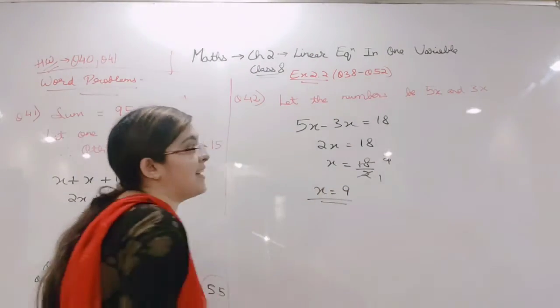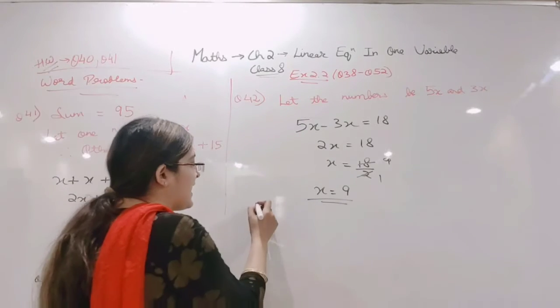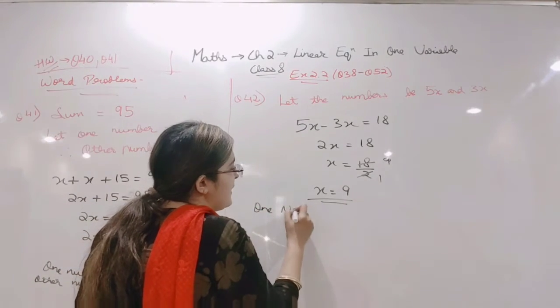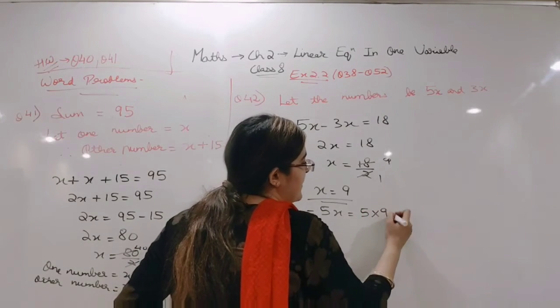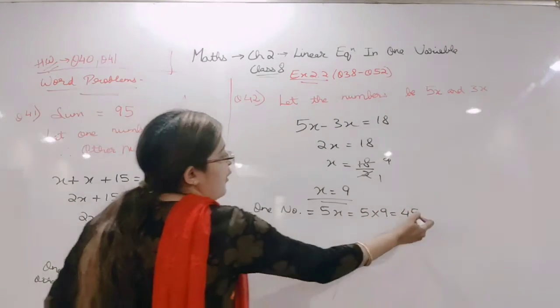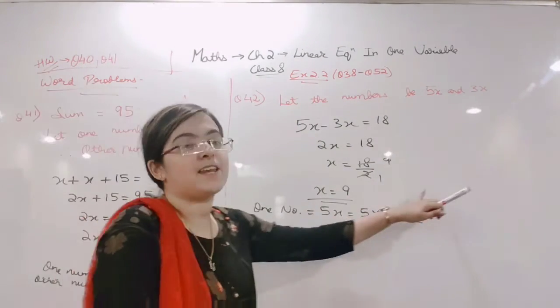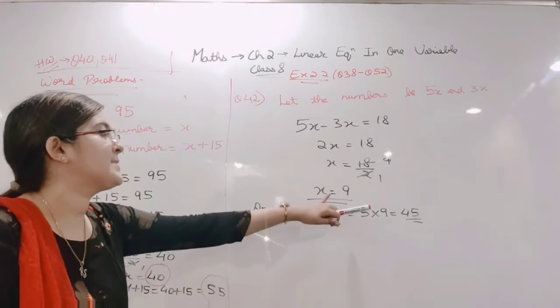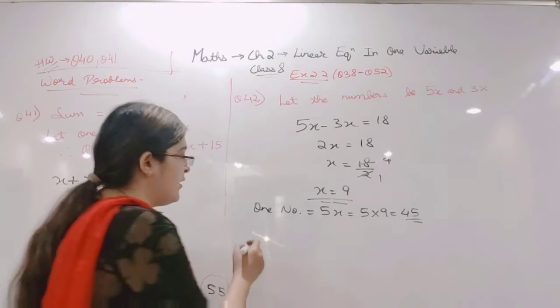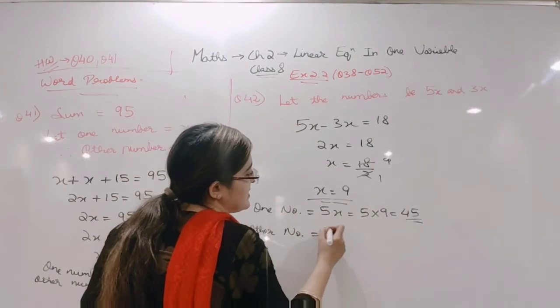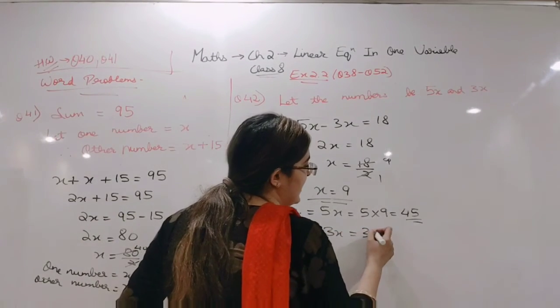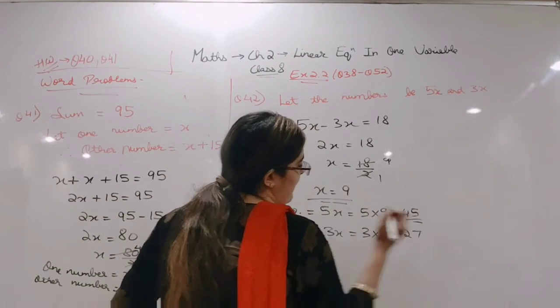But this is not the answer. Your numbers were 5x and 3x. So one number will be 5x, that means 5 into 9. See this, students, all of you forget to do this. You write the answer here, but you won't get full marks if you solve it only till here. What you have to find? You have to find the numbers. The other number is 3x, that means 3 into 9, that is 27.